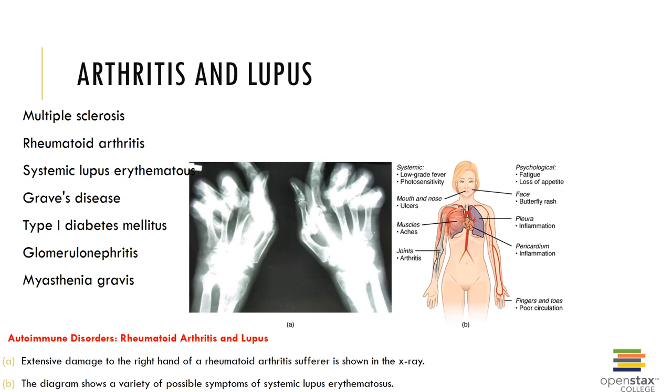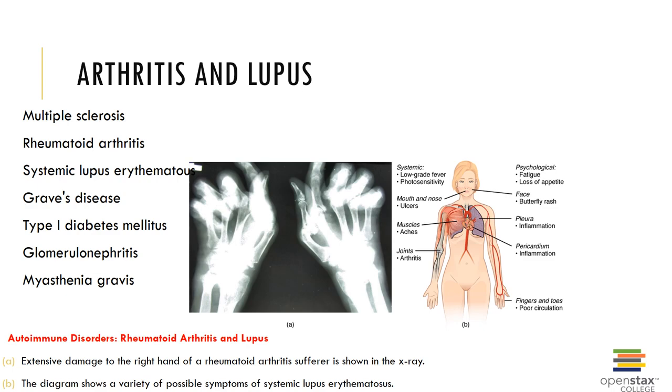Multiple sclerosis is where autoantibodies attack the white matter of the nervous system, leading to demyelination of neurons, which can cause weakness or even paralysis. Rheumatoid arthritis is when autoantibodies destroy the connective tissues associated with the joints or the joint capsule.